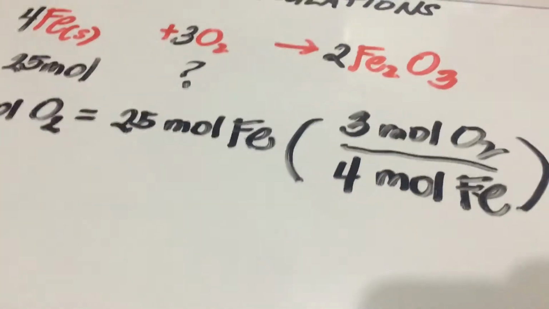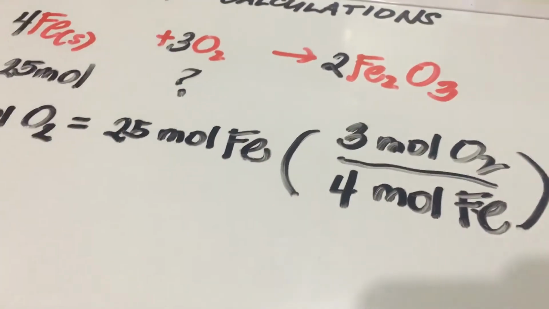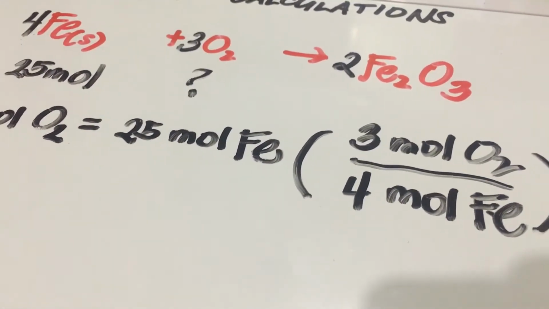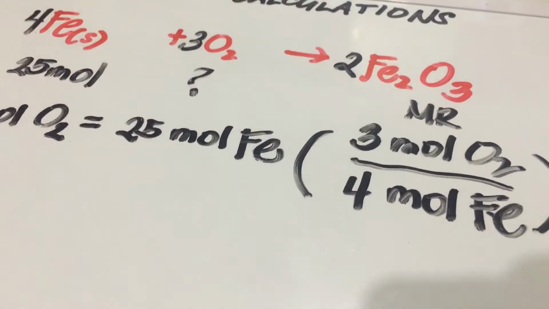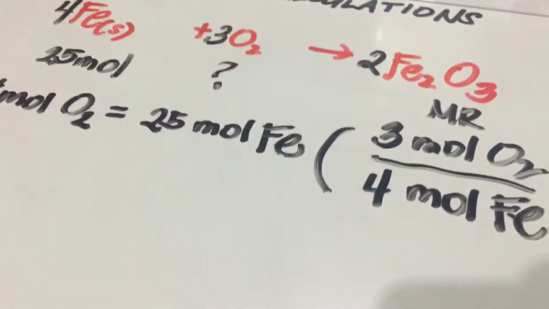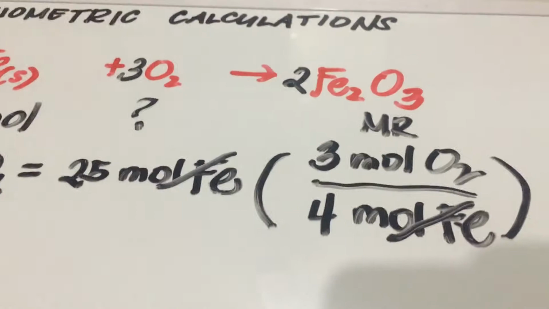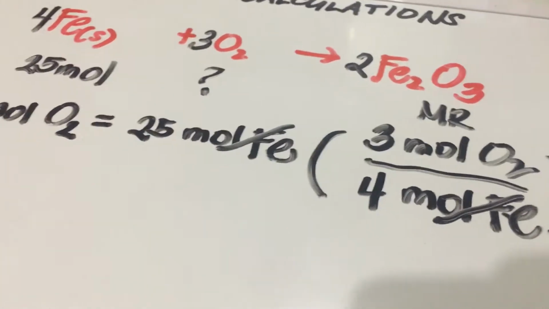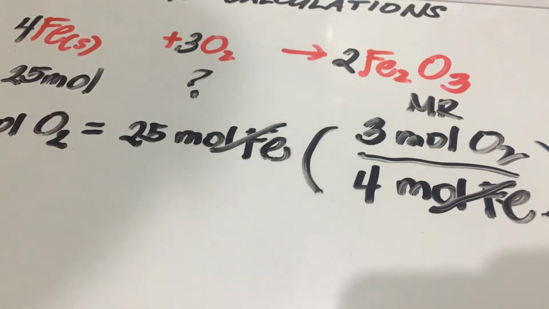So if we have this equation, then we can cancel out, okay? So I hope you know where 4 and 3 are coming from, okay? This is the mole ratio, MR, which comes from the coefficients of the balanced equation. Now we can cancel moles of Fe, such that we will end up with moles of O2, alright? So what we can do now is carry out the calculation. So that's practically 25 times 3 divided by 4, right?